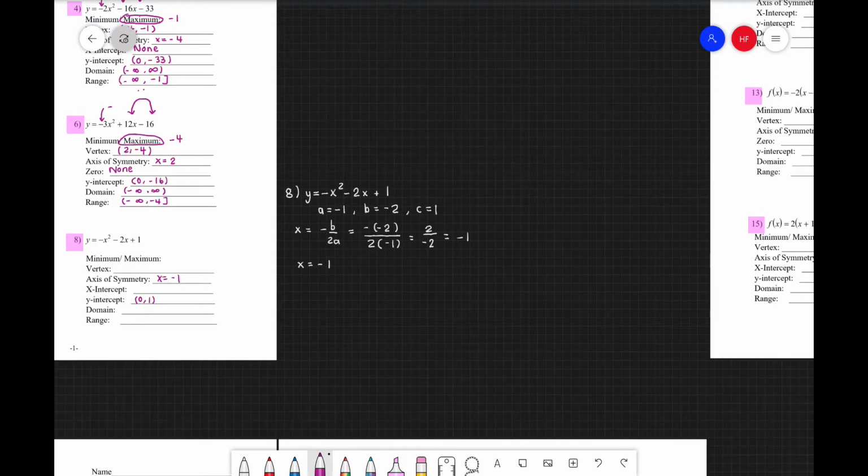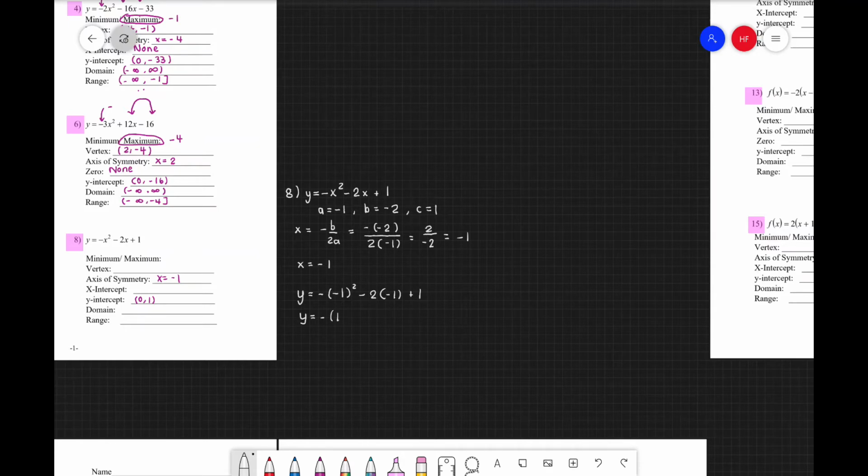So then I'll go ahead and find the y value of the vertex by plugging that negative 1 in. So negative 1 squared minus 2 times negative 1 plus 1. You can plug that into the calculator. I'm going to work it by hand. So we have a negative on the outside, and the negative 1 squared is negative 1 times negative 1, which gives me a positive 1.